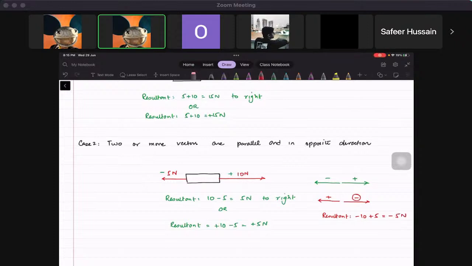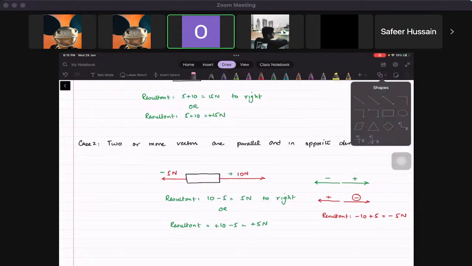So it does not matter whether you take right as negative or positive. What matters is that if you have taken right as negative, then left has to be positive. Both cannot be negative. Is it clear? Yes, sir.